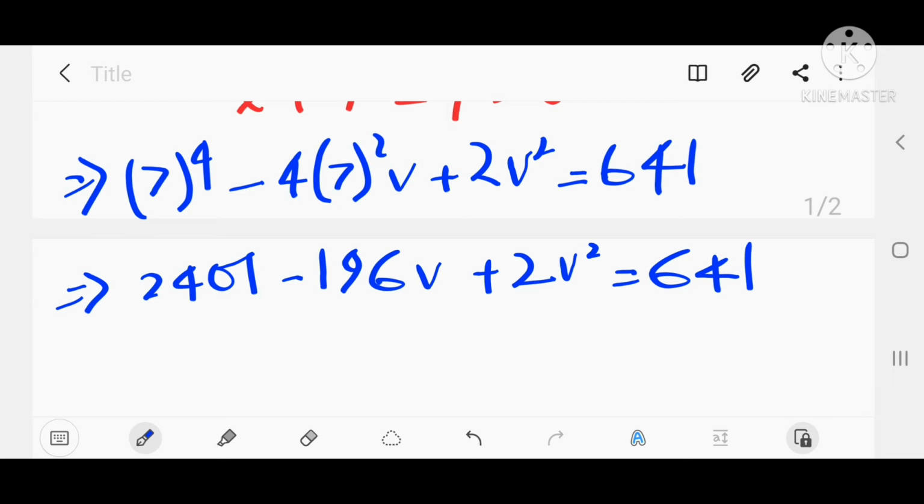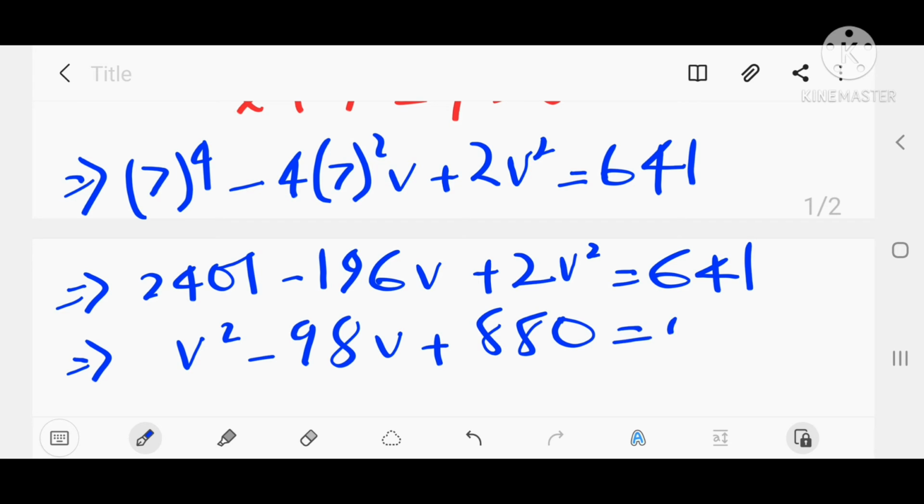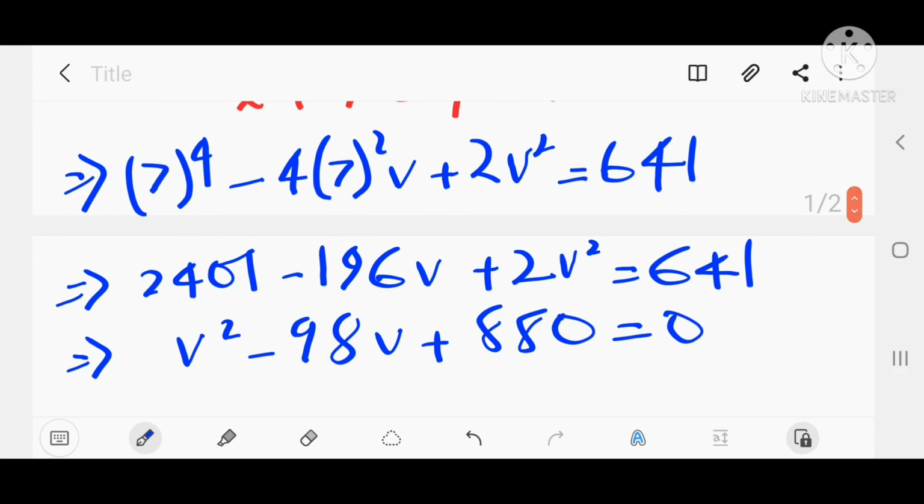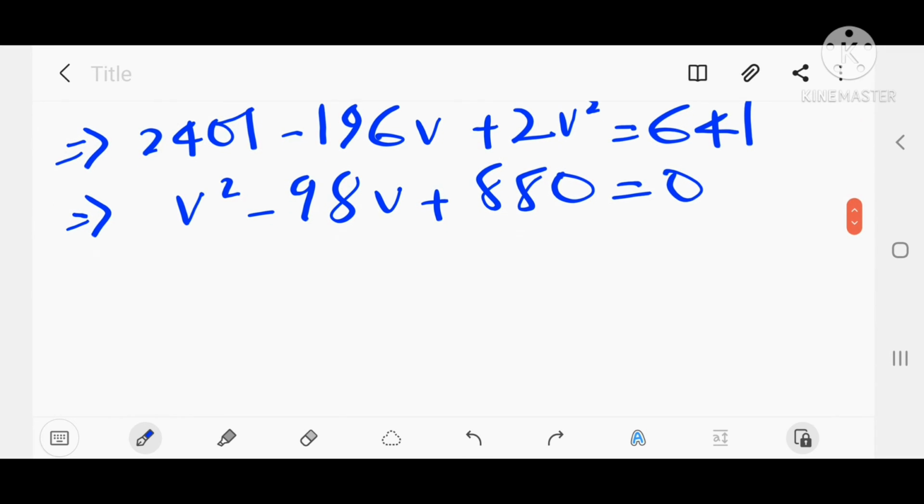We simplify this one and have v squared minus 98v plus 880 equals 0. So here we have a quadratic expression.